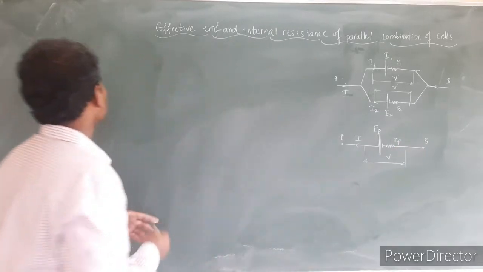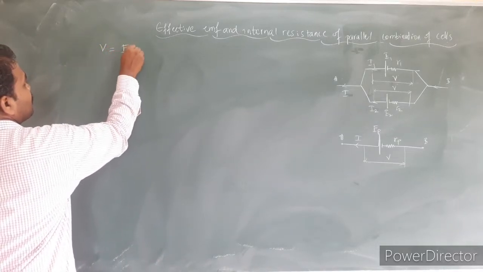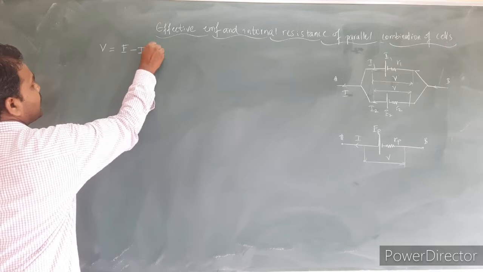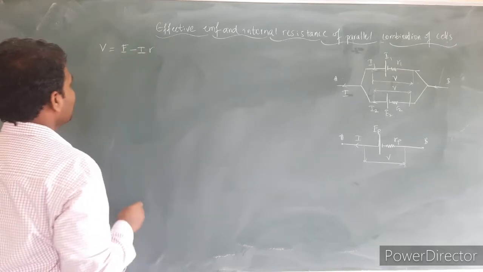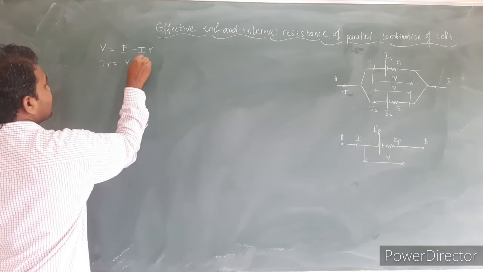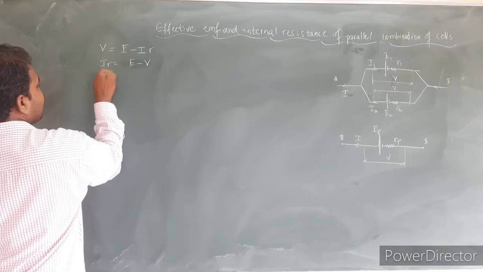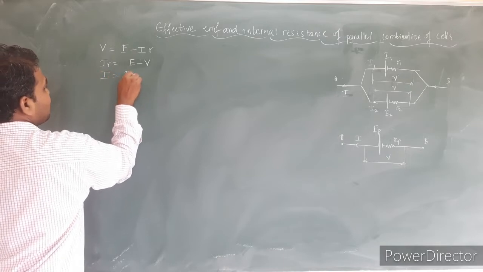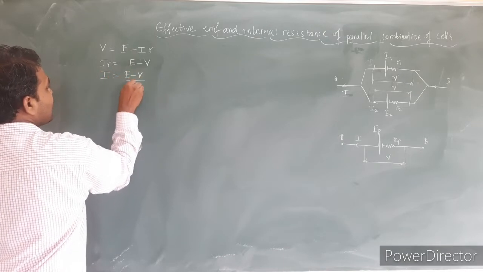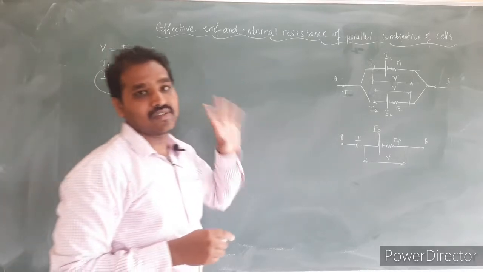The general expression for the terminal potential is V is equal to E minus I into R. I can write I into R is equal to E minus V, so I is equal to capital E minus V divided by R. This is the general expression for current flowing through a cell.